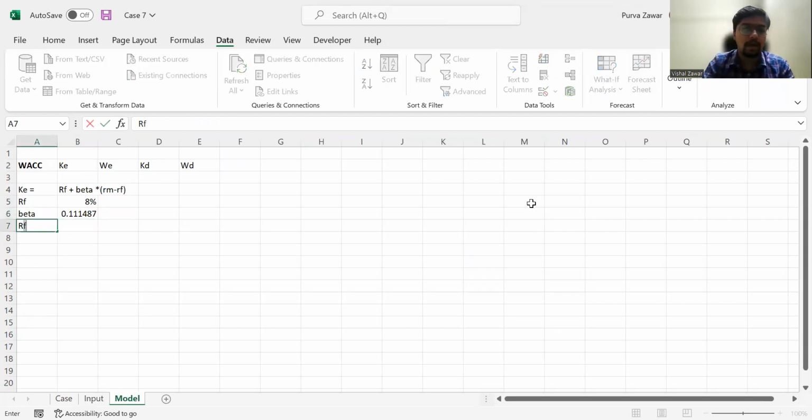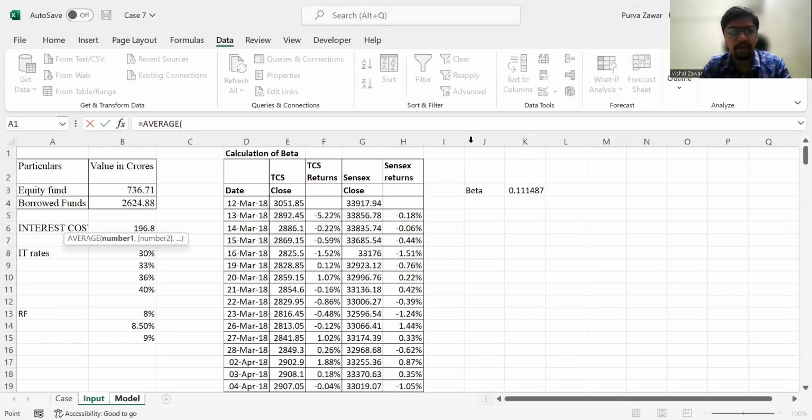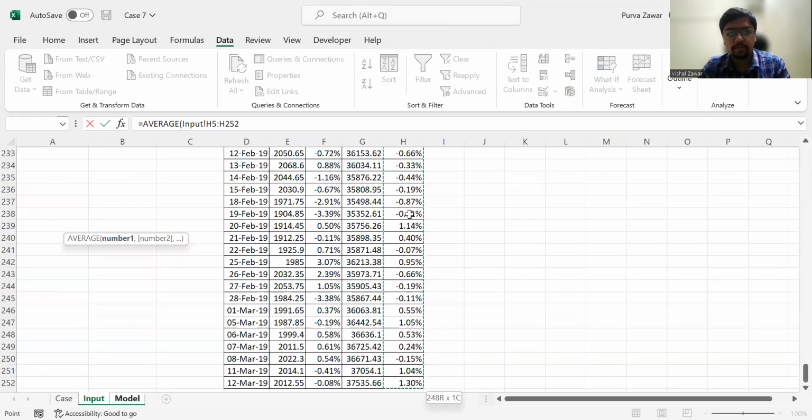Then RM is the market return. For market return, you can take an average. Let me see whether I have done the calculation here. Okay, let's take the average. The average of market return is this.